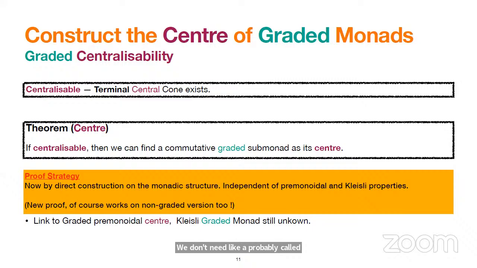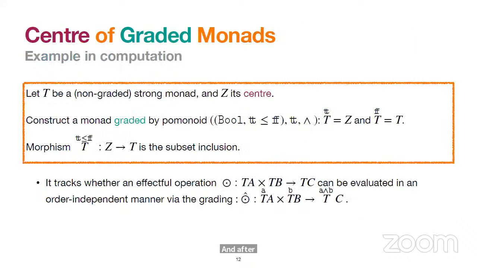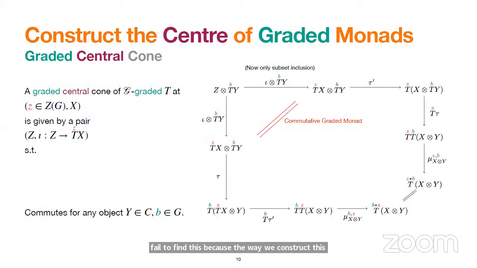And after this definition, we are trying to find some applications of the center of graded monads, because the first intuition about this is that we are trying to find more interesting examples, but I have to say we failed to find it. The way we construct this center is that the morphism here is no longer a morphism between the gradations.